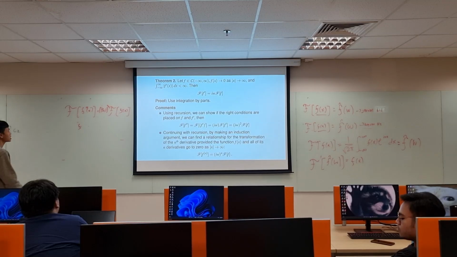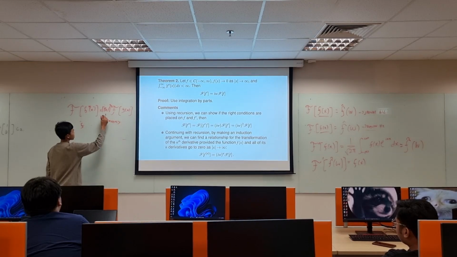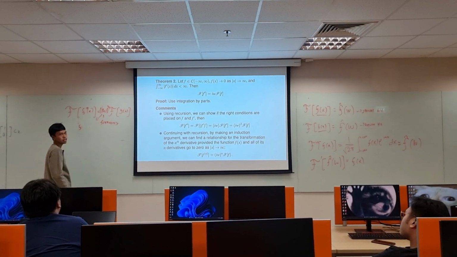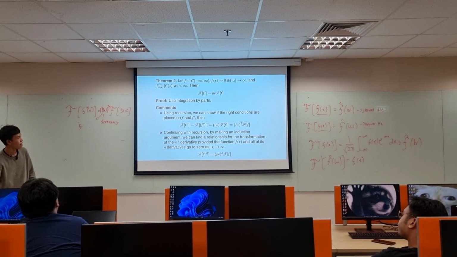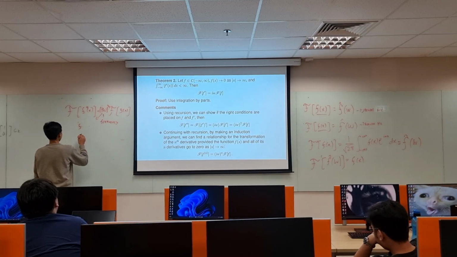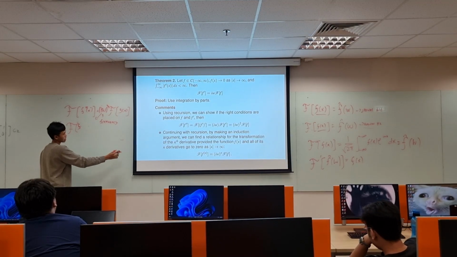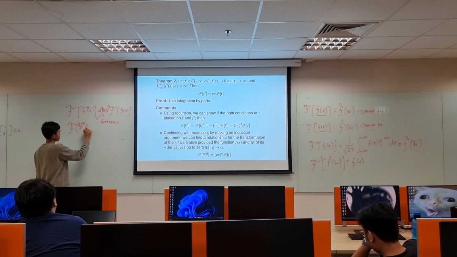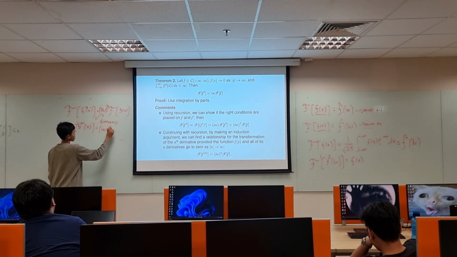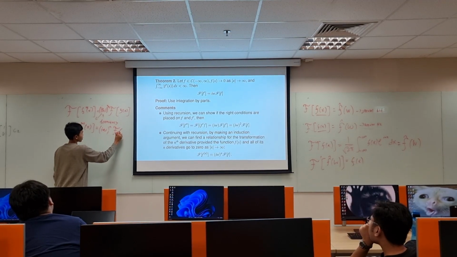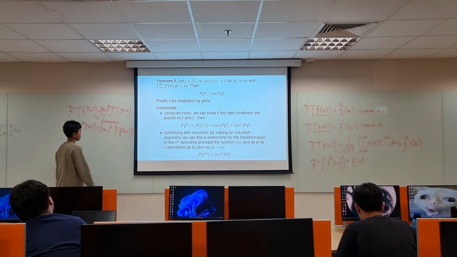Omega is the frequency, and i is just the imaginary unit. So it's basically saying that if you want to take the Fourier transform of a derivative, let's say f to the power of n of x, it equals (i omega) to the n times the Fourier transform of f.